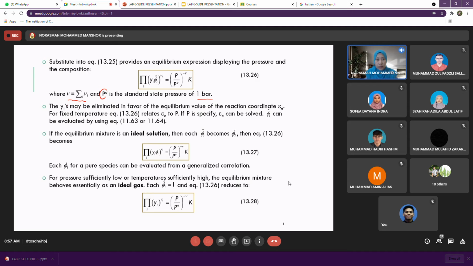The Yi may be eliminated in favor of the equilibrium value of reaction coordinate epsilon E by equation 13.5.